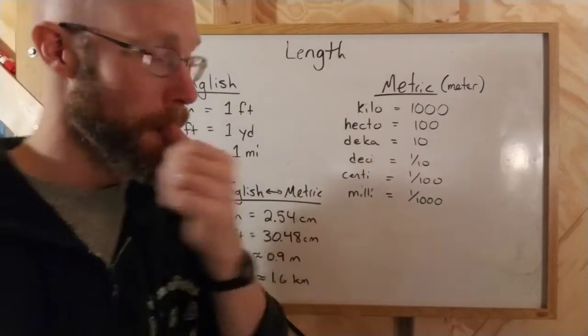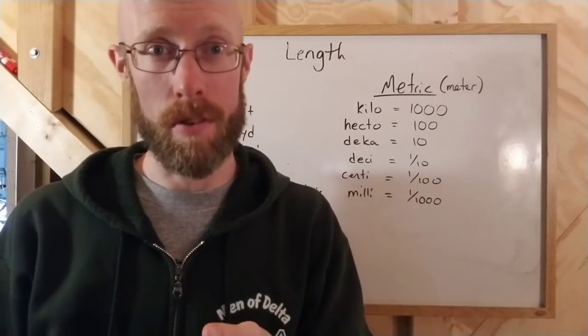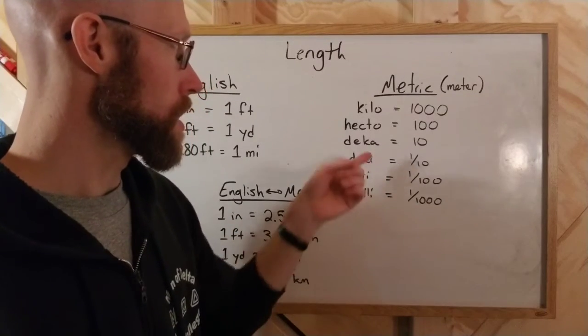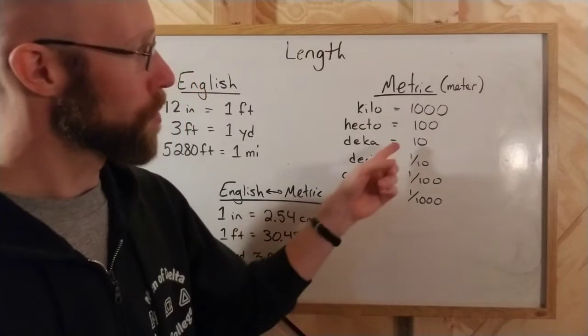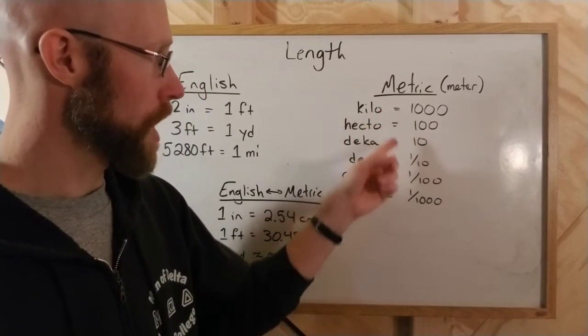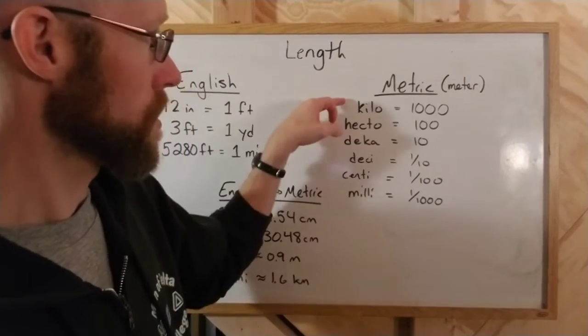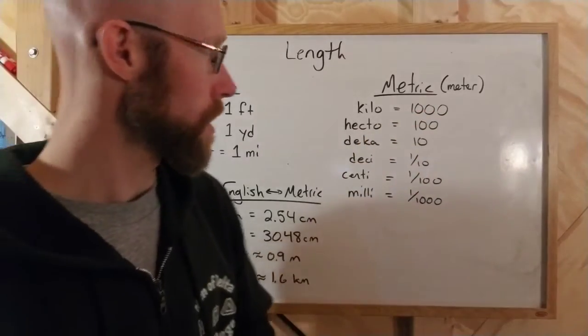The relationship between them and how to convert between them is, again, just moving decimals or adding zeros or removing zeros. So if I wanted to figure out how many decameters are in 2 kilometers, well, every kilometer is going to have 100 decameters. So from deca to kilo, you have to add 2 zeros.